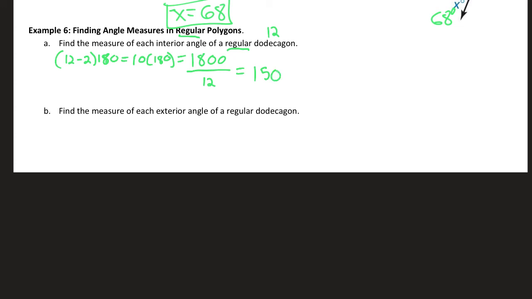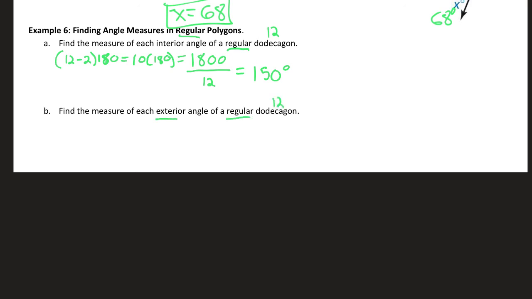See if I can write that so it's legible. 150 degrees, right? So knowing how to find the sum, we can find each measure of a regular shape by dividing by the number of sides or the number of angles, because the number of sides is always equal to the number of angles.